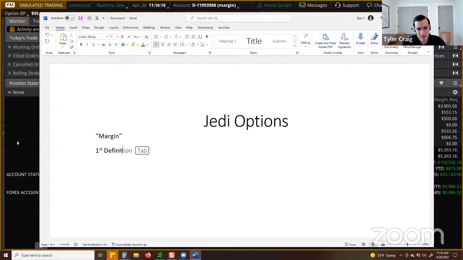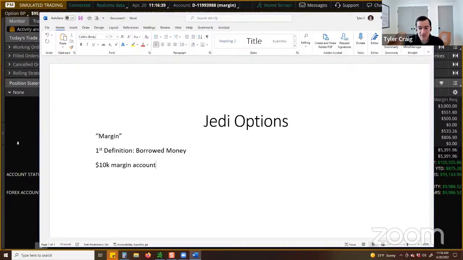The first definition is it's borrowed money. You are borrowing money and buying something, quote, on margin. For instance, if you have a $10,000 account, and it is a margin account, like when you set up a brokerage account, they ask you what account type you want.